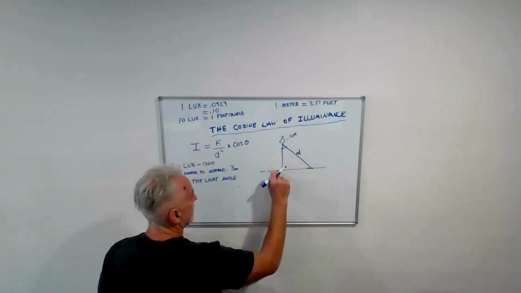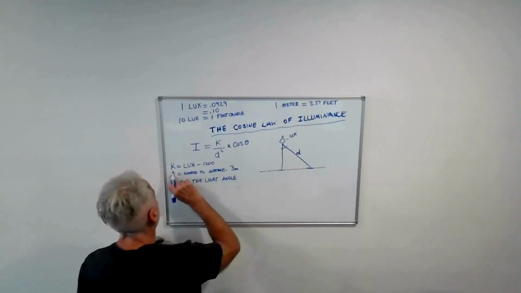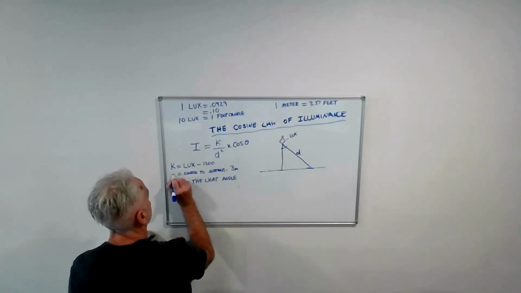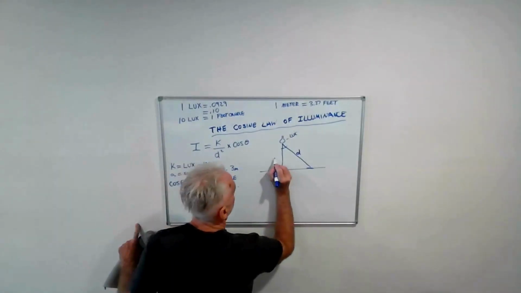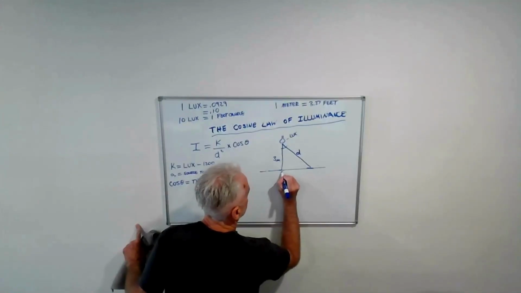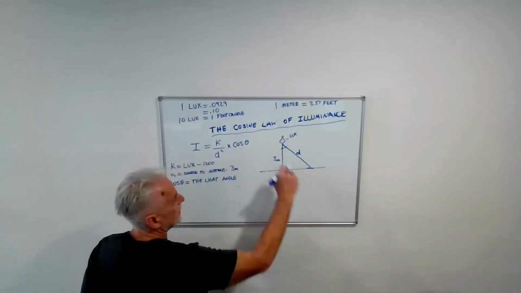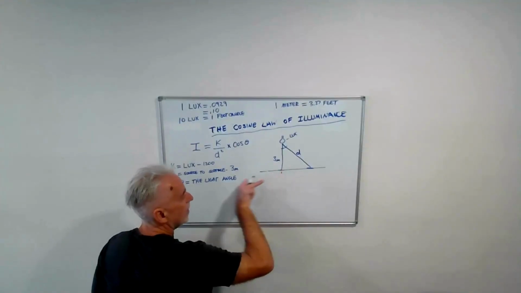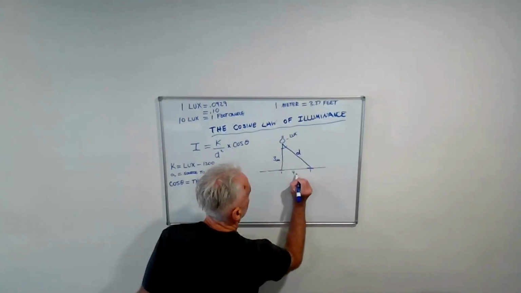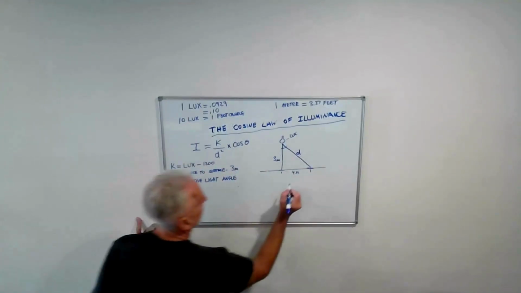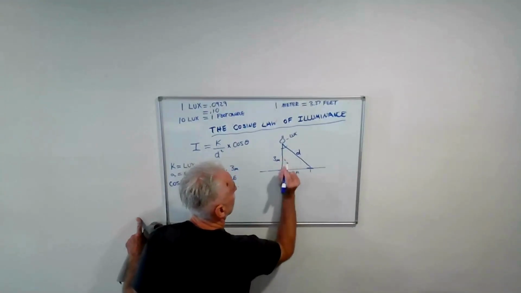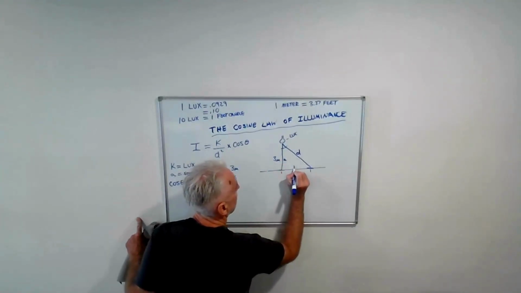We know what the drop is from previous, so we're going to call that A. We know that this is 3 meters. The distance out on the horizontal plane, going straight down to the surface we're lighting, then straight out to the point we want to calc to, is 4 meters. We're going to call that B.